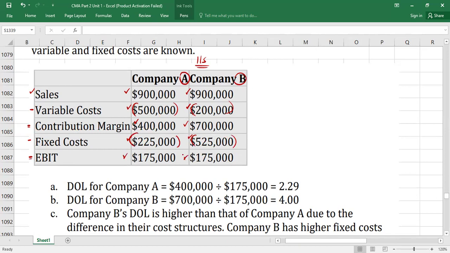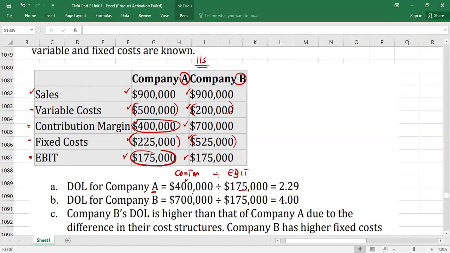Now look, how will you apply the formula? The formula was contribution margin divided by earnings before interest and tax. For company A first: contribution margin is 400,000, the numerator, divided by earnings before interest and tax, which is 175,000.